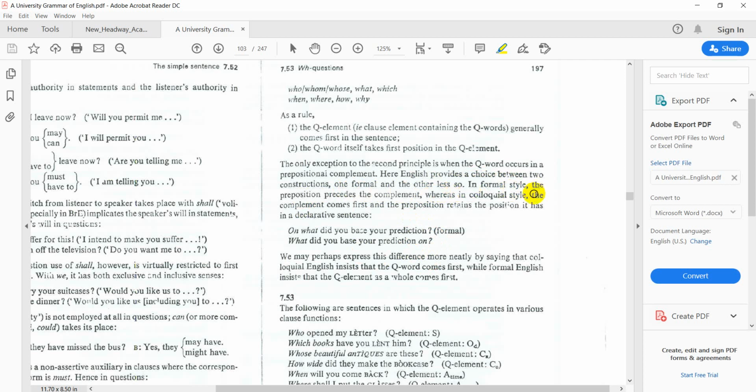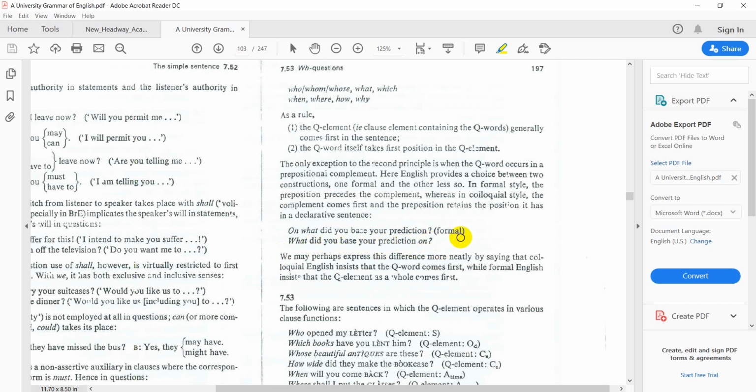In formal style, the preposition precedes the complement, whereas in colloquial style, the complement comes first and the preposition retains the position it has in a declarative sentence, at the end of the sentence. So let's have a look at these two sentences. On what did you base your prediction?